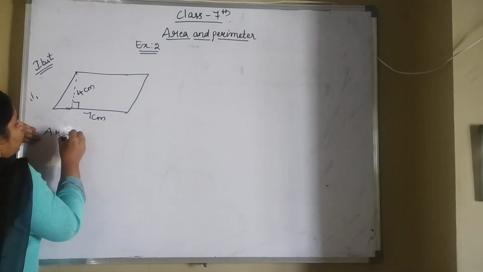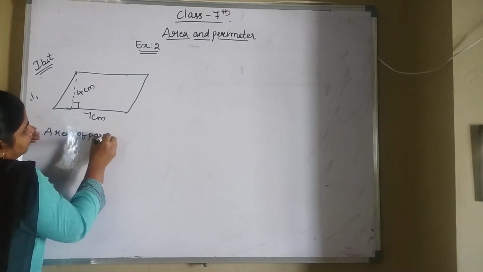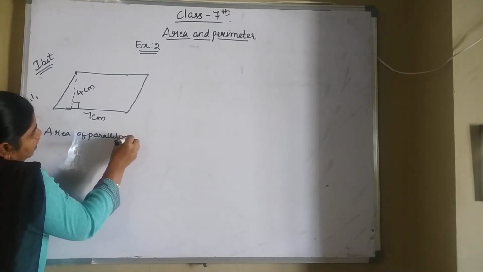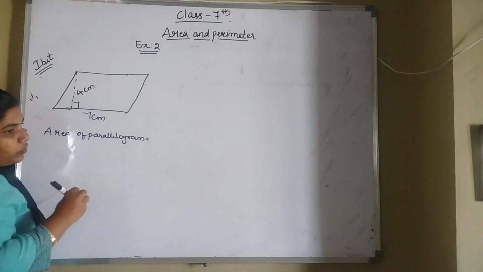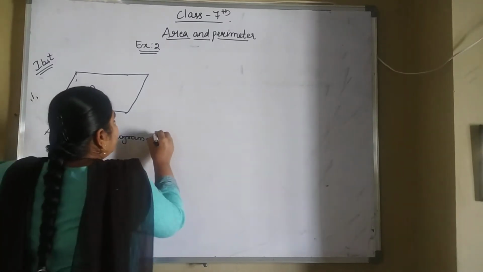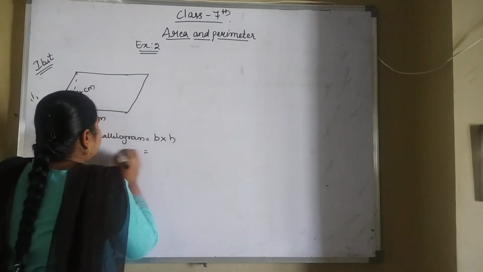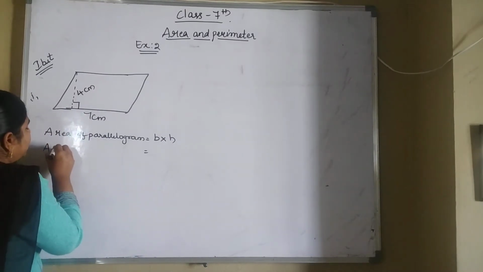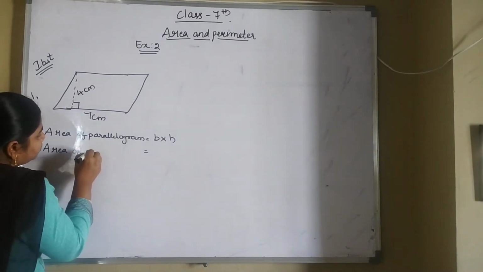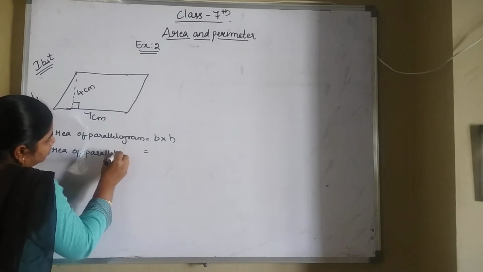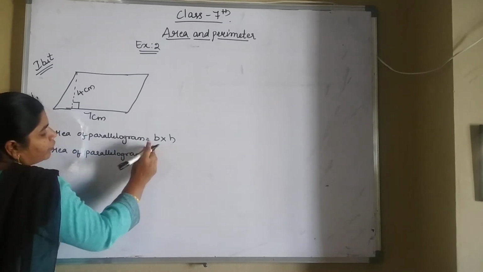Area of a parallelogram is equal to, what is the area of a parallelogram formula? Base into height. So what is the base value?